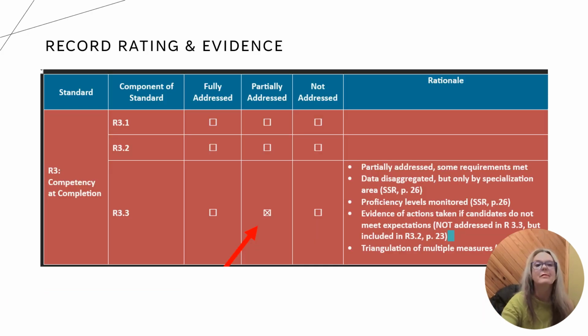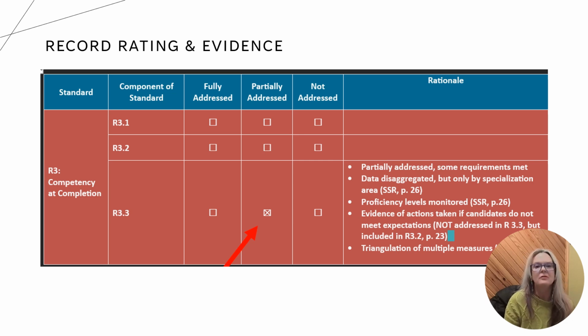Here's what I thought. Okay, your final step in this lovely process of practice is to record your rating and evidence. Now, remember, this is low stakes. We're practicing, we're conducting a mock program evaluation here.